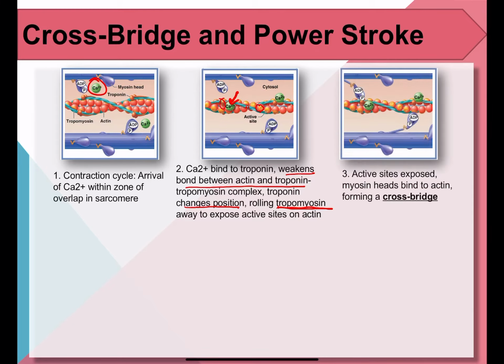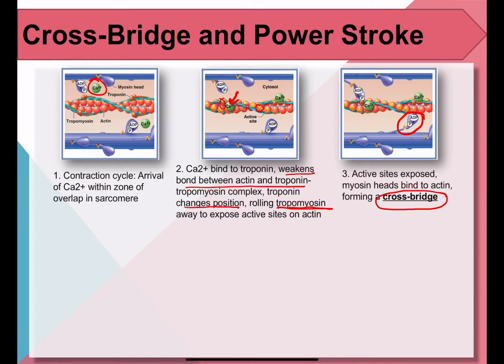Then you can allow the myosin head to bind. So the active sites on the G-actin red spheres are exposed, which allows your myosin head here to bind and form a cross-bridge. Okay, so that's what we mean by cross-bridge formation: the myosin head binding to the active site on the yellow circle, the yellow active site on the red ball.